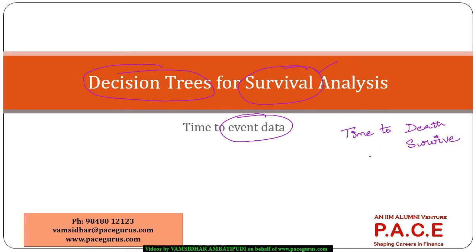We can use it for time to death or time to survive a particular disease. How long a person has fought a disease before he died, from the time the person is admitted into the hospital. Either he would have recovered and left, or he would have died. So what is the time?